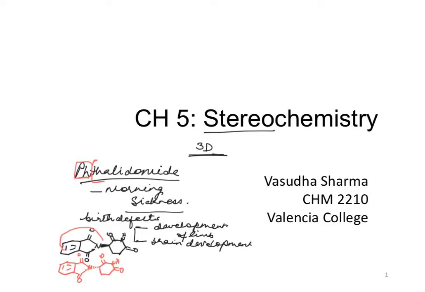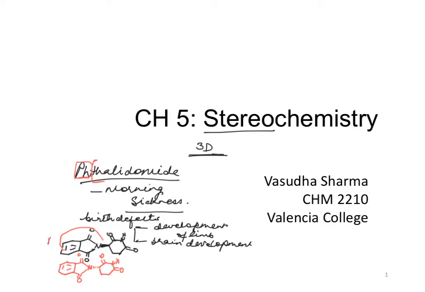And what was found was that while one of these molecules was engaging in your treatment of the morning sickness, the other was actually causing the birth defect in the babies. And so essentially that was a problem point. Turns out that thalidomide is actually used in the cure for certain types of cancers as well.